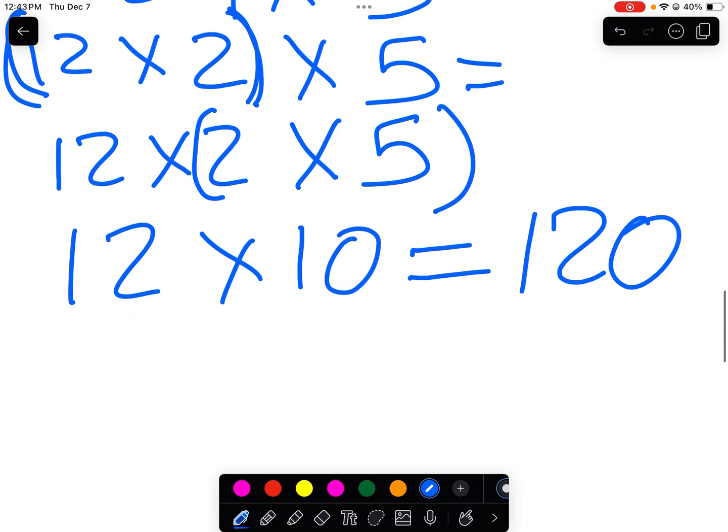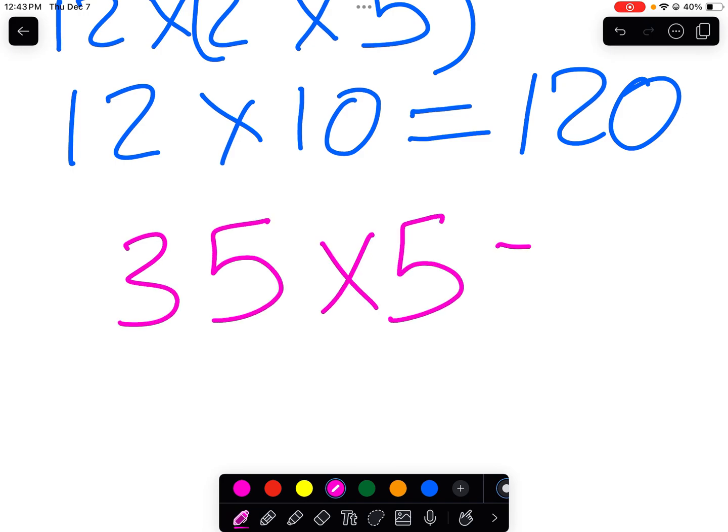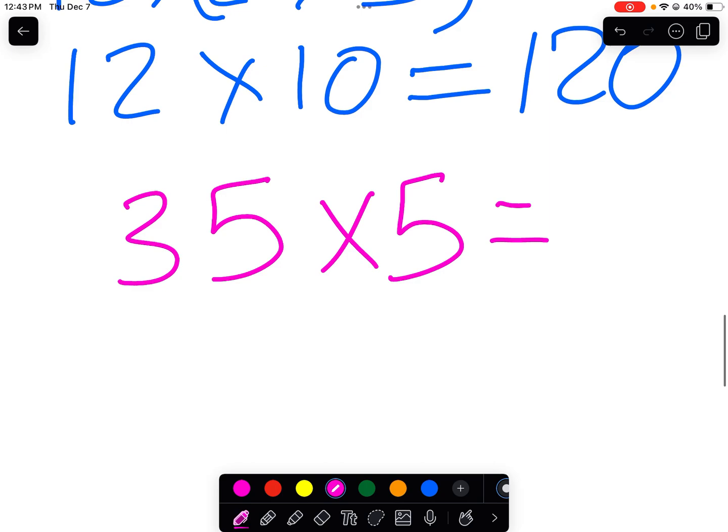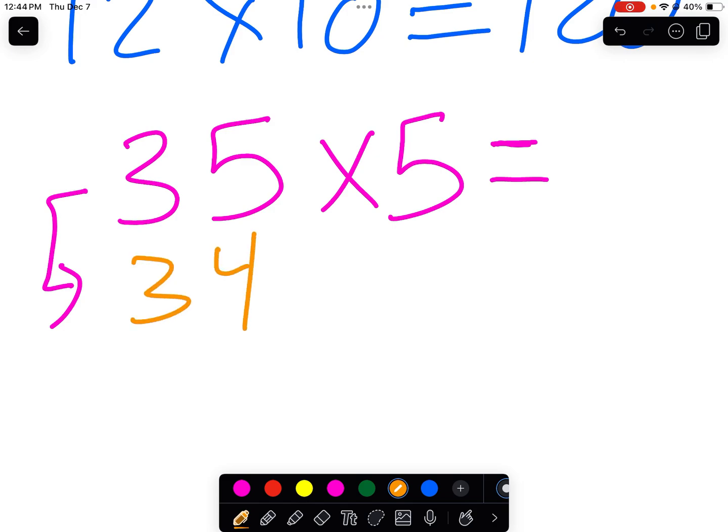Now, same thing. What if a number doesn't evenly divide in half? Let's try one out. Let's do 35 times 5. We're going to use my strategy for dividing numbers that don't evenly divide in half. You take 35 and subtract 1. That's 34.